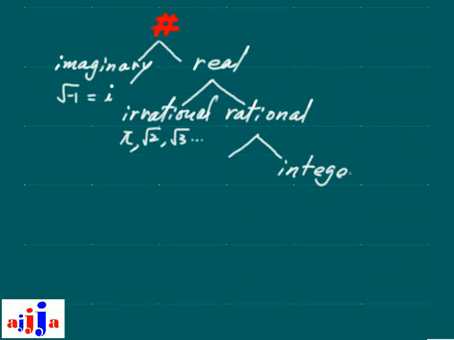So integer, right there. That's a whole number. But what about the broken number? Broken number we call fractions. So fraction. That's right. So the other one is fraction.